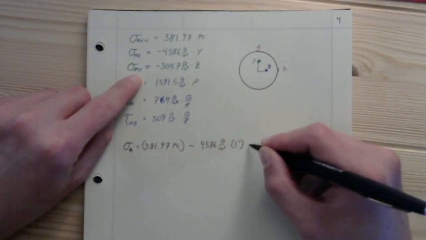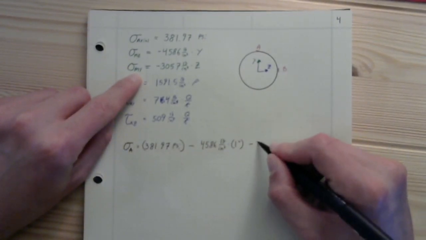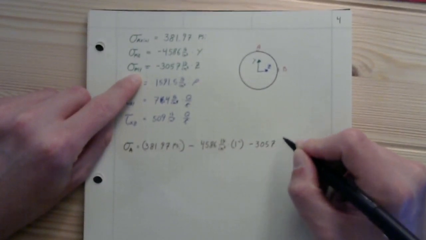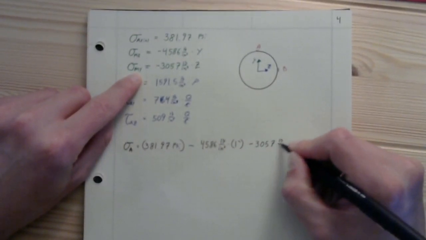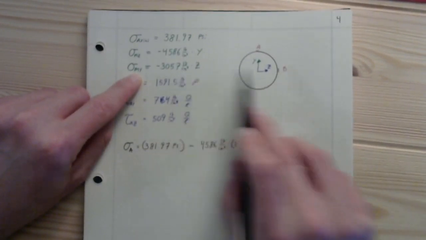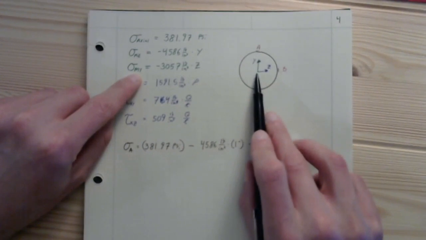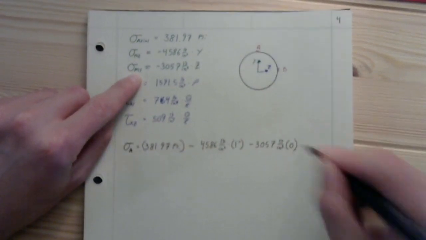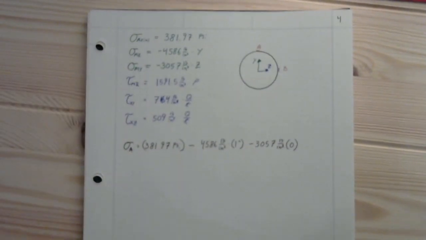And then there's this equation. Now this equation, we're going to say minus 3,057 pounds per inch cubed, but z for A, if you look, is 0. So that can just go away. That's 0.